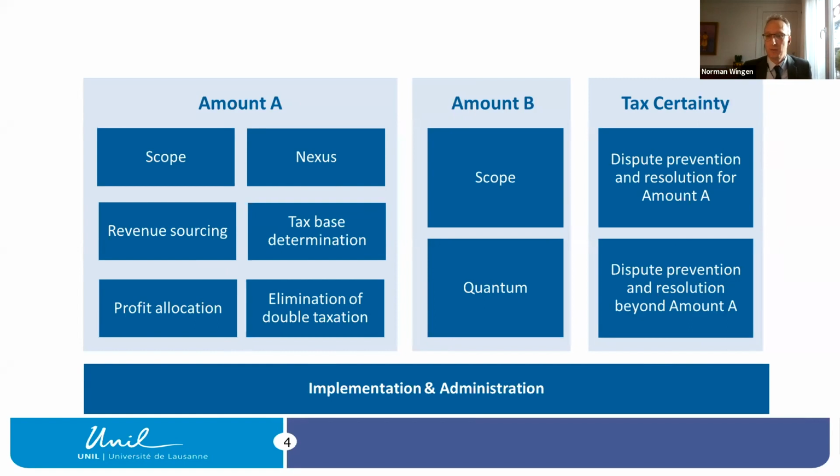The significant issue for the interaction is double counting. Double counting says that it should be avoided that the same profit is taxed twice. In the profit allocation, you have to take somewhere the residual profit, which should be reallocated under AmountA and allocated to market jurisdictions. But imagine you have a very centralized business system where it's easy to identify the residual profit in one central location.